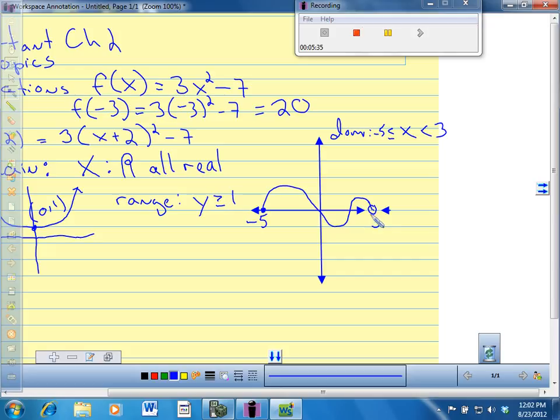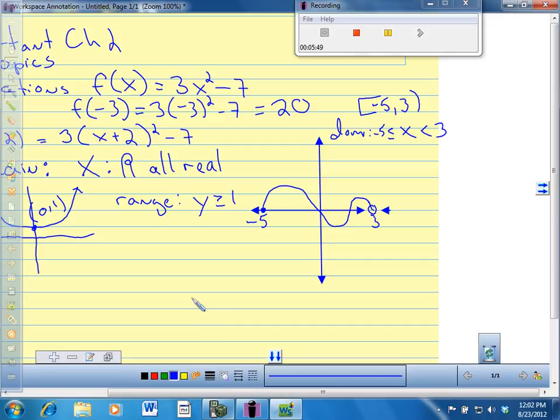And I put that intentionally as an open circle. Or you could write that in interval notation with -5 with a square bracket on that end and a 3 with a curvy bracket on that end, meaning it's not included. Yes? Good. Okay, domain and range, and I think you can figure out the rest of it.